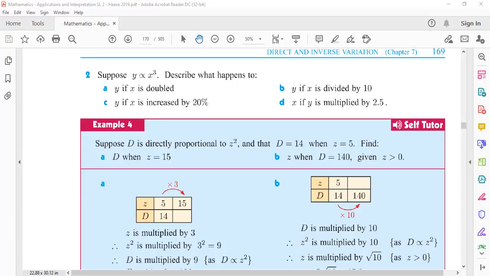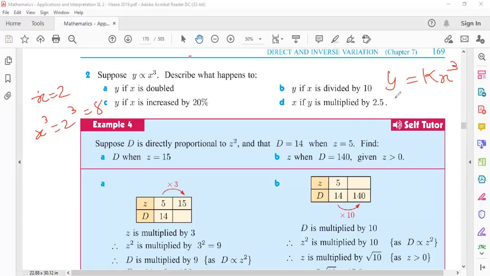See, in A part, if x is doubled, I can write it as y is equal to k x cube, right? So if x is doubled, that means x is 2. But x cube is what? 2 cube, that is 8.